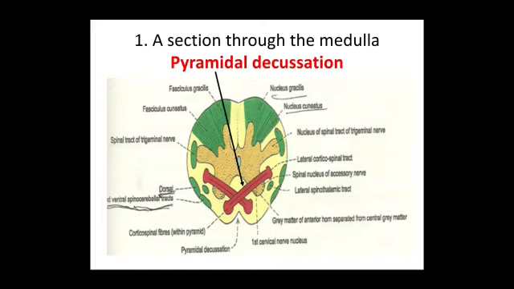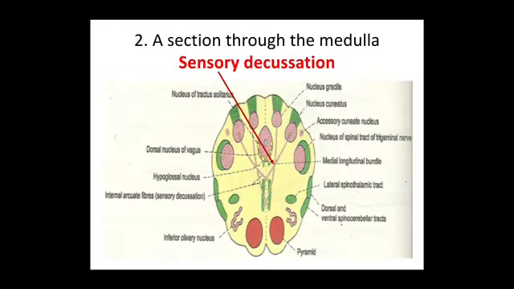So this is the first one where we can see the section at the level of pyramidal decussation. You can see the structure in red, which is a pyramid, and you can see the decussation. Second section at the level of medulla, at the level of sensory decussation.